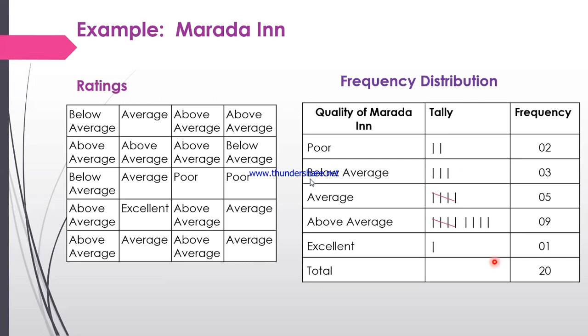We can say that the quality of accommodation is average overall, because 75% rated it as average or above average, while 25% of the respondents are not satisfied with their accommodation. Such kind of information you have to give.